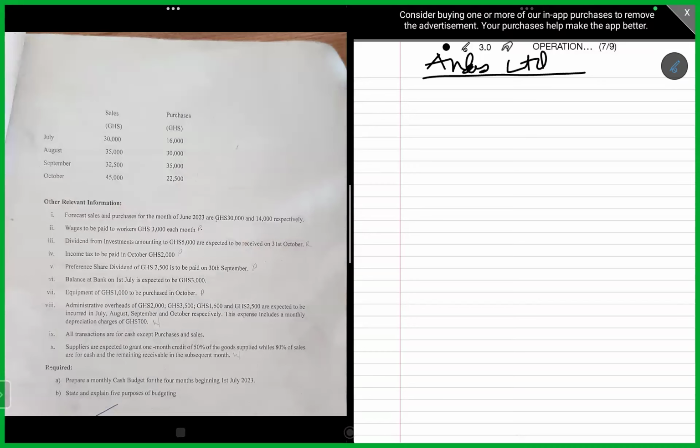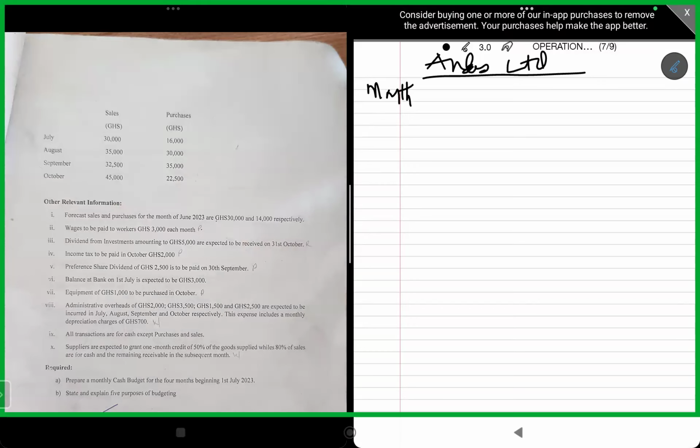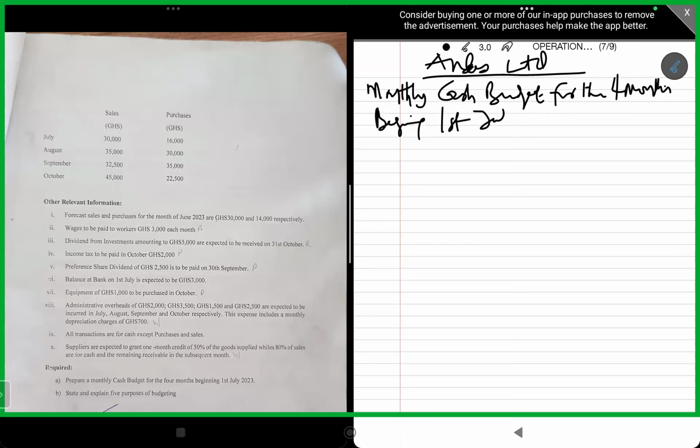Monthly cash budget for the 4 months beginning 1st July 2023. Okay. So what do we now continue reading?